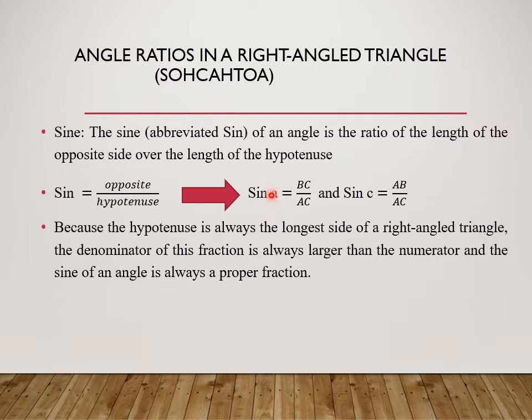And the sine of A is the opposite side to A, which is BC, over the hypotenuse of the triangle, which is AC. And the sine of C is the opposite side to C, which is AB, over the hypotenuse. Because the hypotenuse is always the longest side of a right angle triangle, the denominator of this fraction is always larger than the numerator, and the sine of an angle is always a proper fraction.